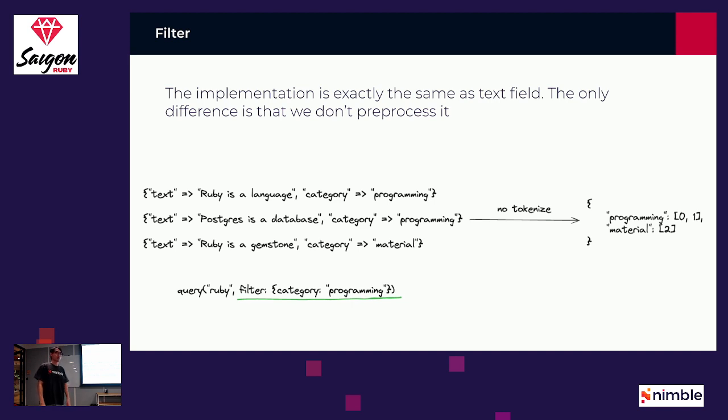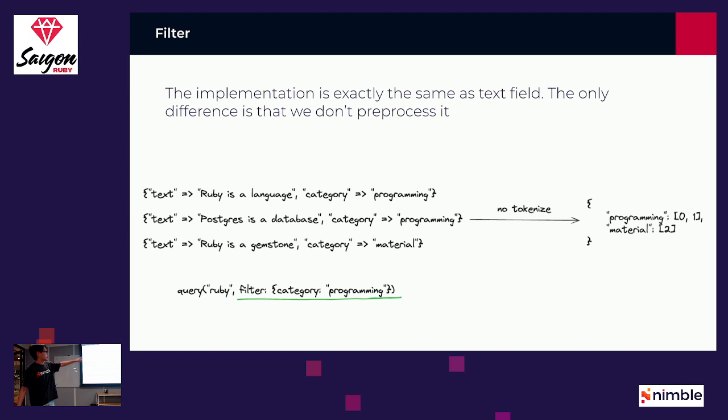So that's the filter. And behind the scenes, the filter is implemented exactly the same as we did before, but we just skip the tokenizing part. The user gives anything, we just keep it as is and index that. So no breaking down.